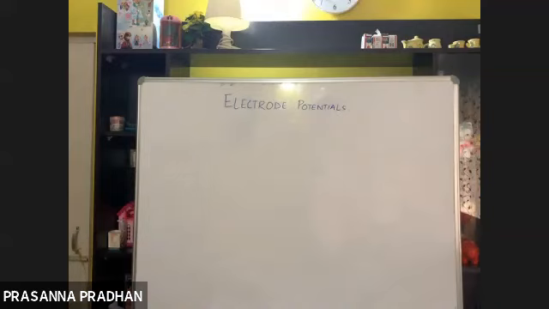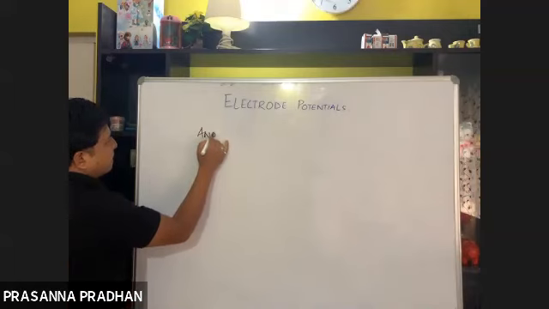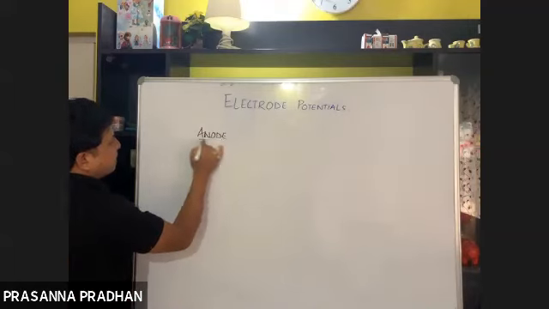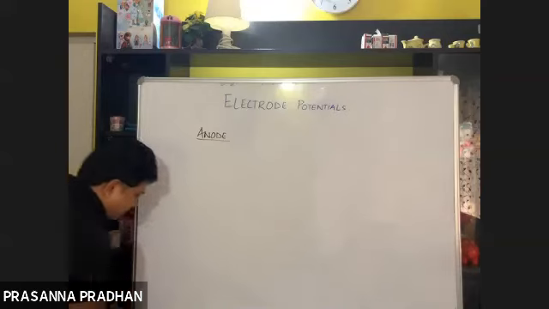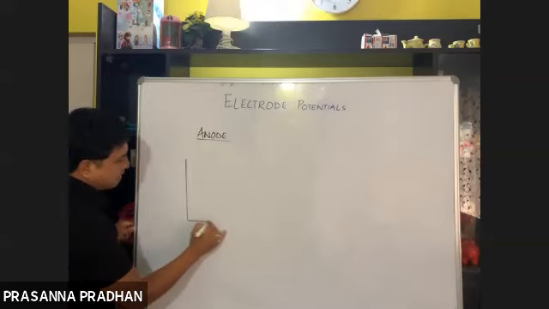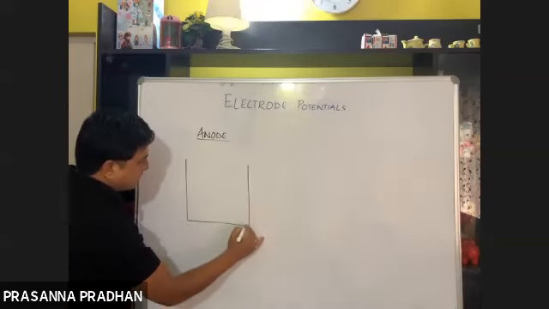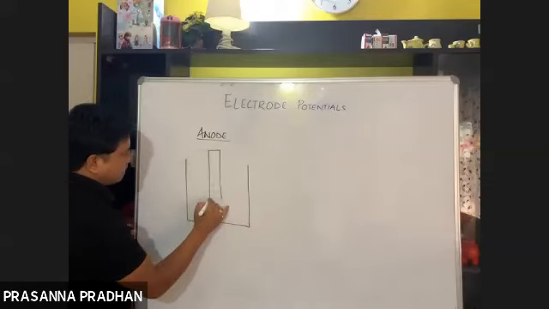Fine. Now, once more, let us discuss the activities which take place at the anode. Oxidation occurs at the anode half cell.